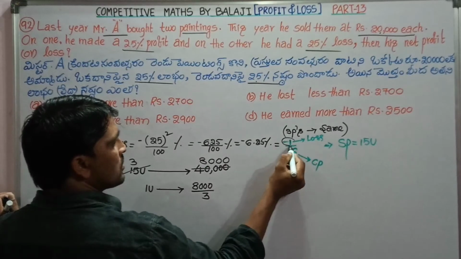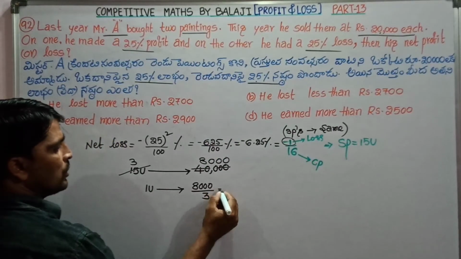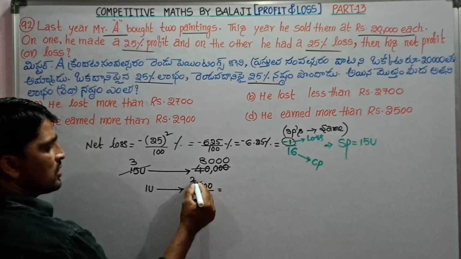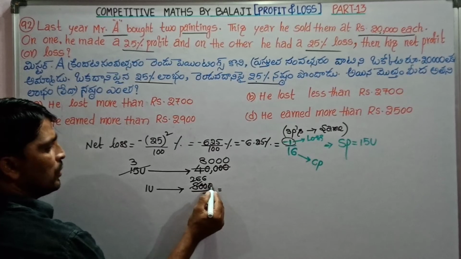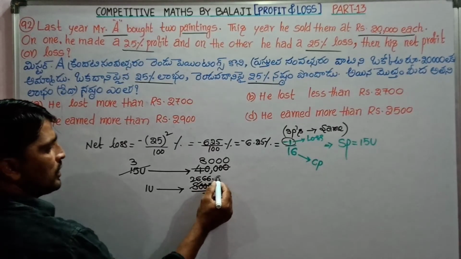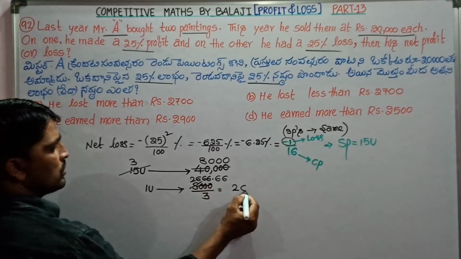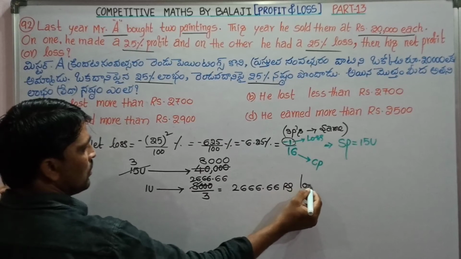He gets 1 unit loss. Since he gets 1 unit loss, we have to find 1 unit value. That is equal to 8,000 divided by 3, which is 2,666.66 rupees loss.